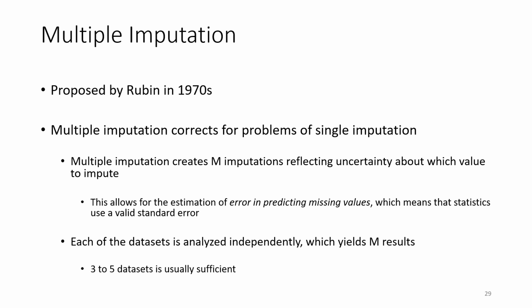Essentially, multiple imputation corrects for problems of single imputation, and I essentially said this, but I'll say it again because I think it's important for you to understand. Multiple imputation creates M imputations, that is M data sets or more than one data set. And this is done to reflect uncertainty about which value to impute, meaning we don't know the exact value that we should impute, nor does any statistic.